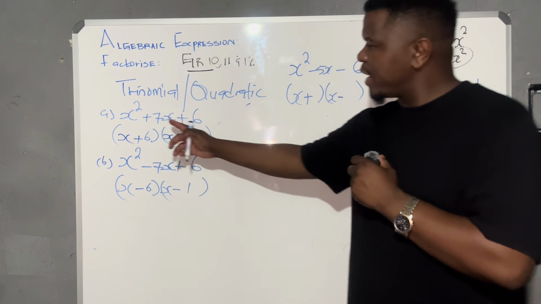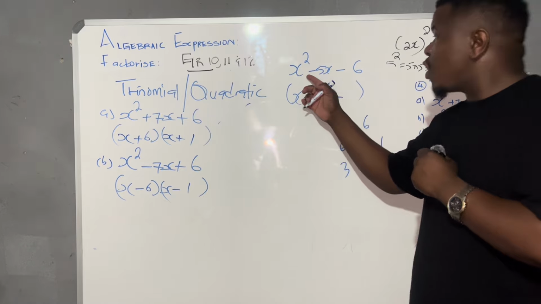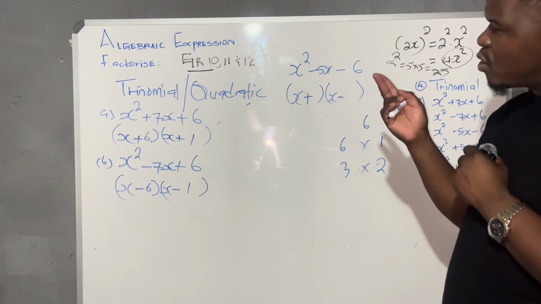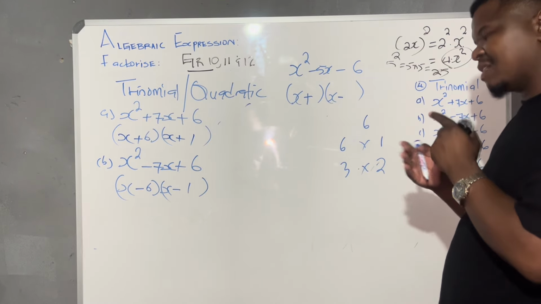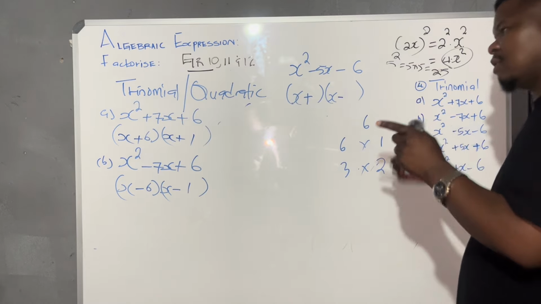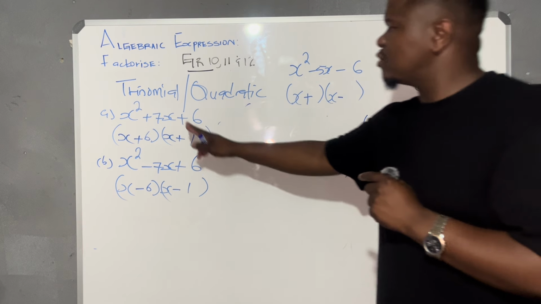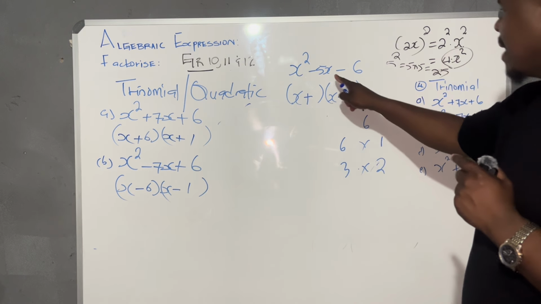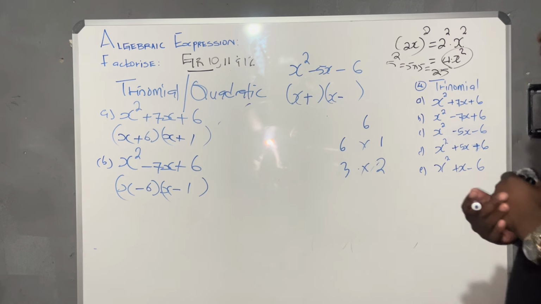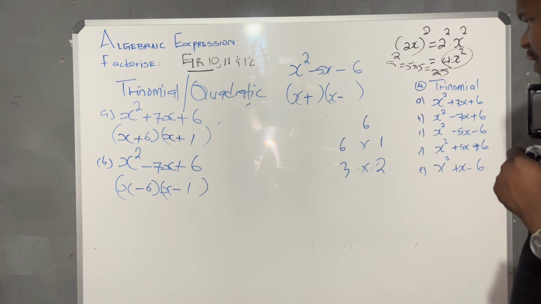There will be a problem where it consists of all positive numbers. There's another problem that consists of all negative numbers. And the other two are positive and negative. It's just that the difference is one will start with a positive and end with a negative, another will start with a negative and end with a positive. There are only 4. So if you memorize this, you will never make any mistake in examination in terms of choosing the correct sign and the correct factors to use.